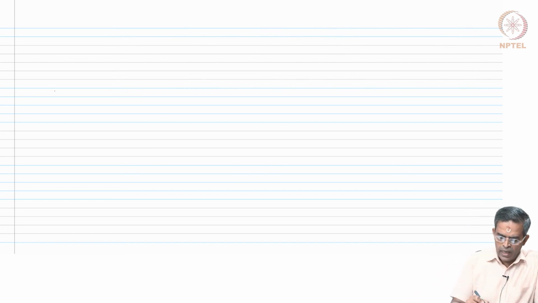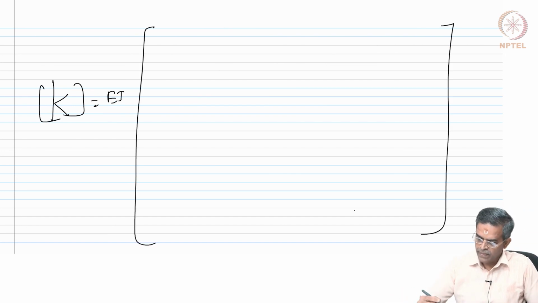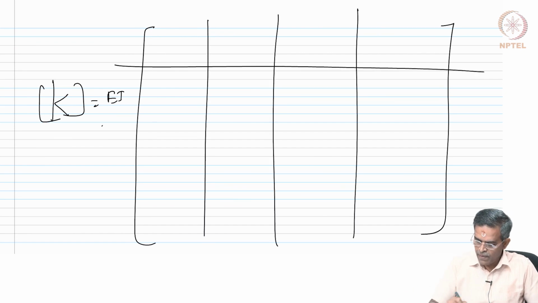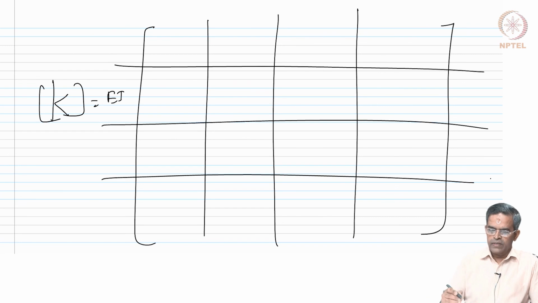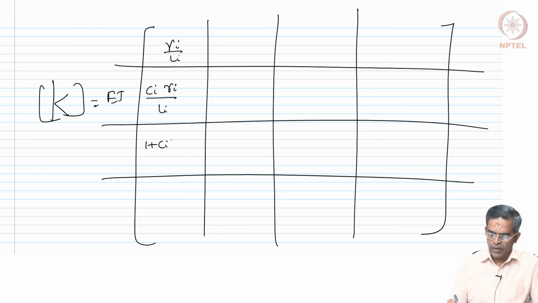So, friends, I can now write the stiffness matrix by taking Ei constant. This is Ri by Li, this is Ci Ri by Li, this is 1 plus Ci of Ri by Li square, and this is minus of that.